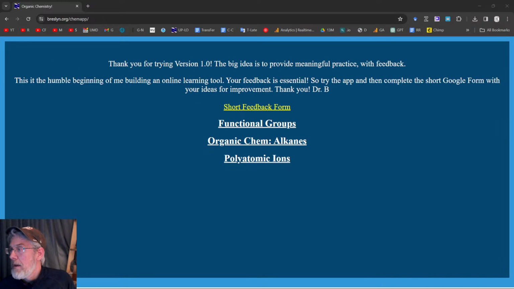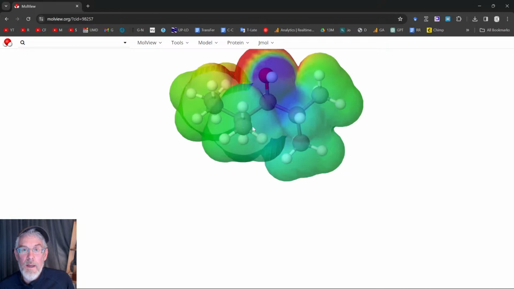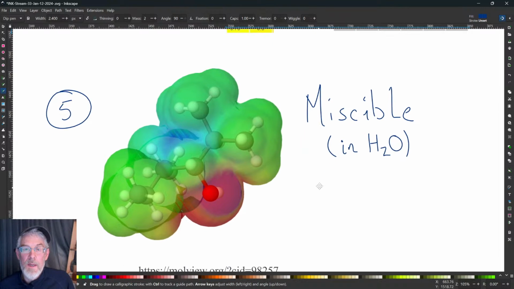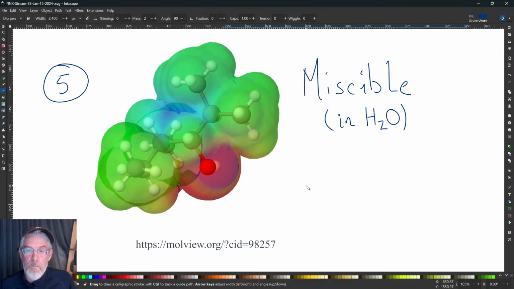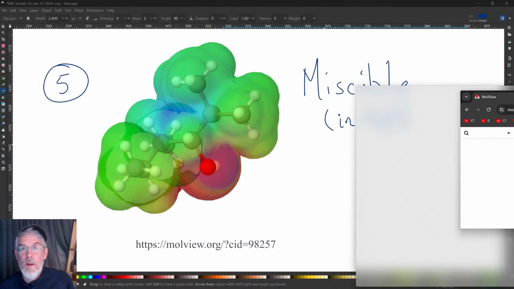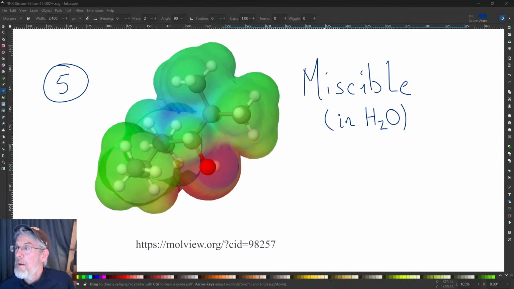All right. So let's go back here and go down here. So definitely a polar molecule, but is it miscible in water? So is this going to dissolve in water? That's what I want you to think about. And remember, water is a polar molecule. I'm going to pull water up here to show you what water looks like in mole view.